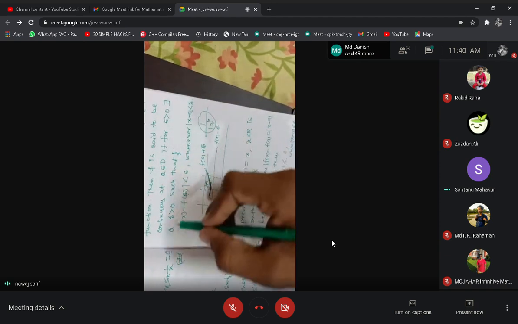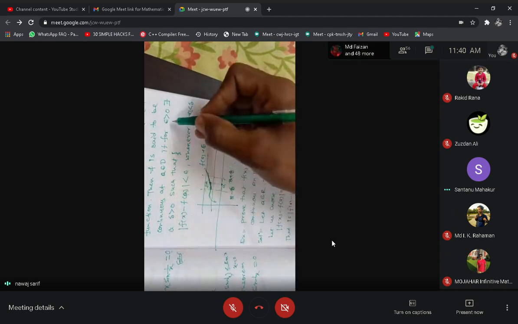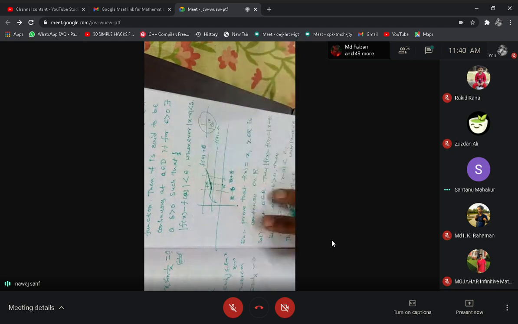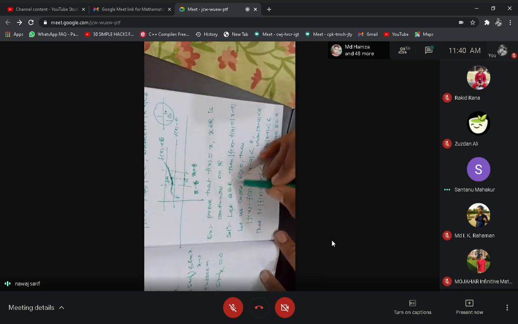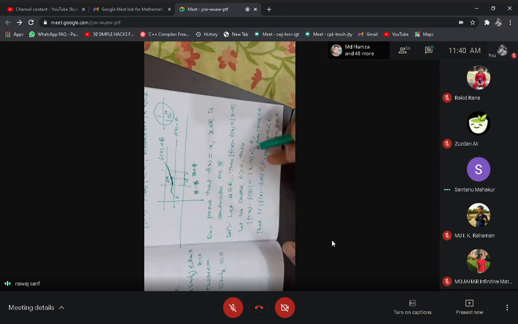That means delta depends on epsilon. So we assume that a belongs to R, and we have to prove that this function f(x) is continuous at a. That means mod of f(x) minus f(a) is less than epsilon for some delta.